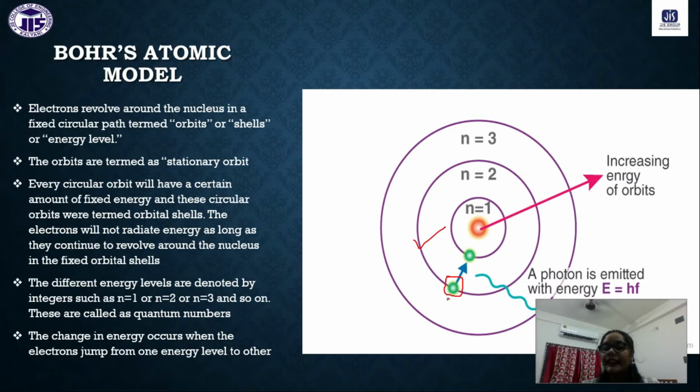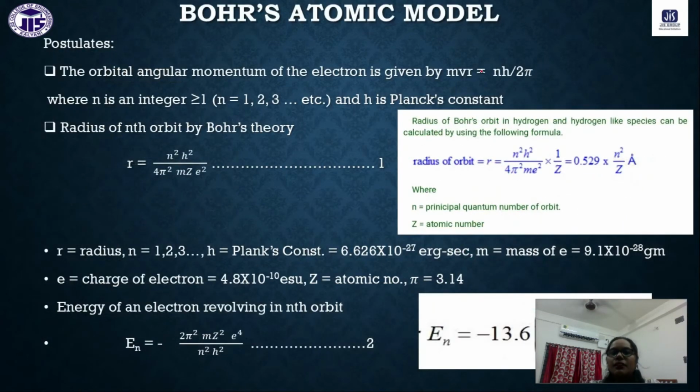Only when the electron changes its track does it emit some energy or absorb some energy, which is shown by the spectra. Understand? This is called Bohr's atomic model. Next, we have seen the derivation of Bohr's atomic model.